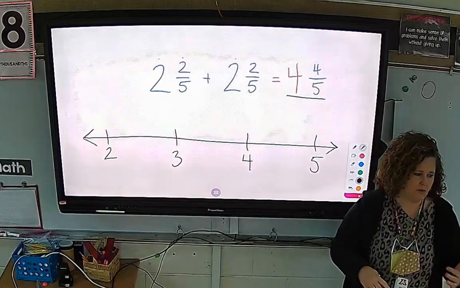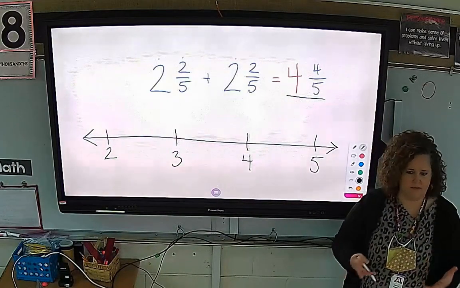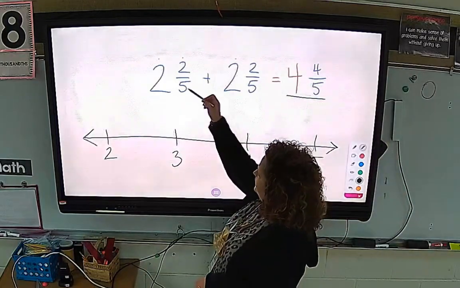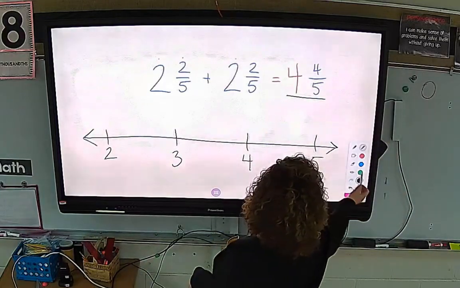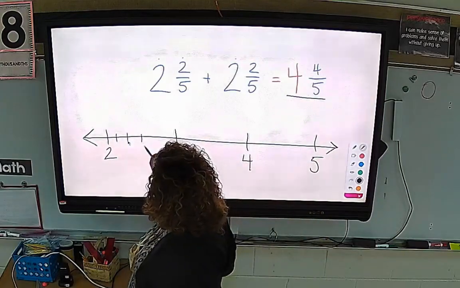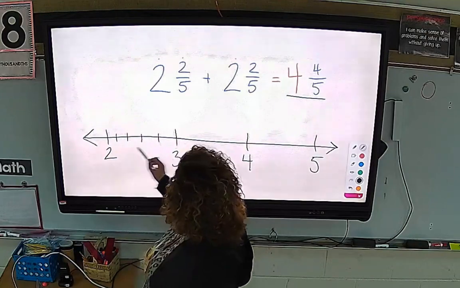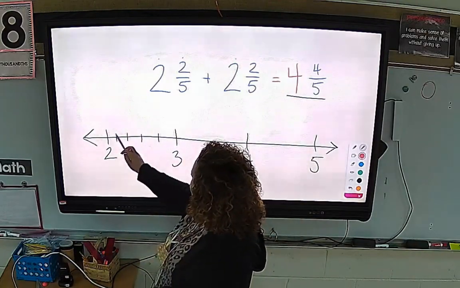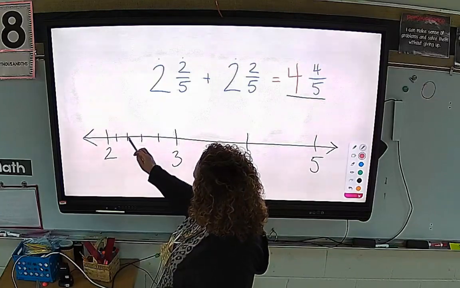I don't even have to do all of that. Guys, you might miss something if you're busy writing on your board, so give me your eyes. 2 and 2/5. Okay, so I might need my 5ths to be here so that I can show that. I'm starting at 2 and 2/5. I'm starting right here.